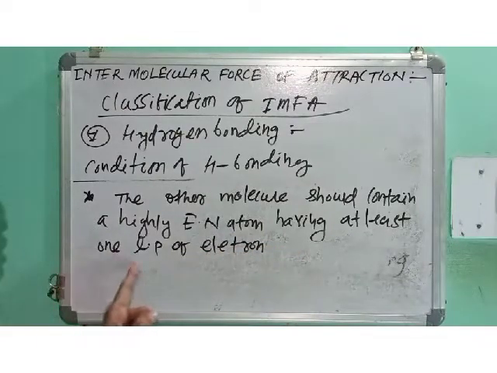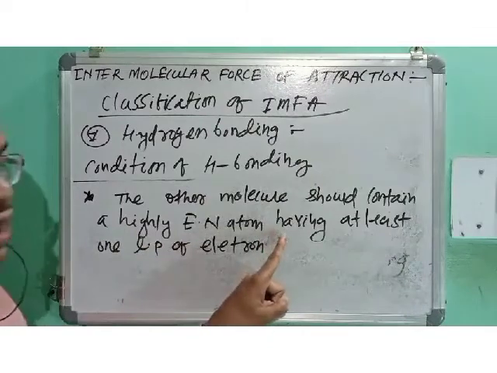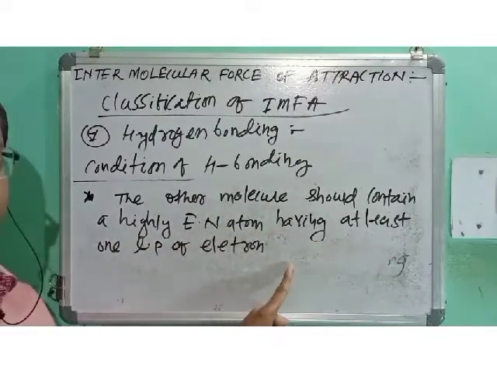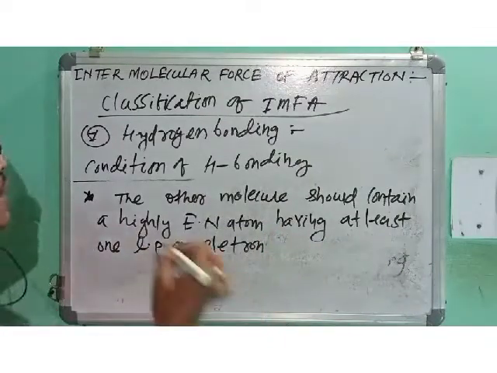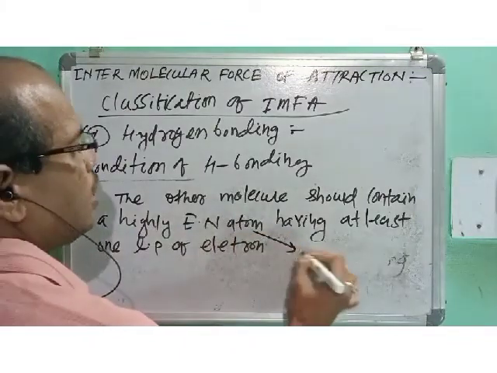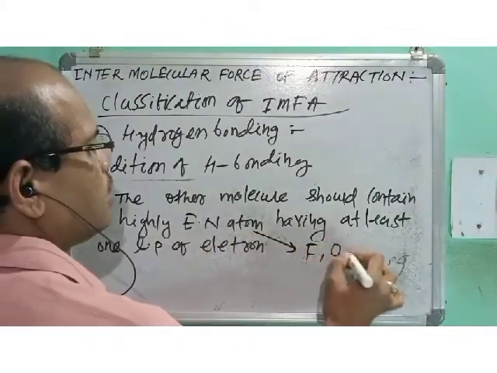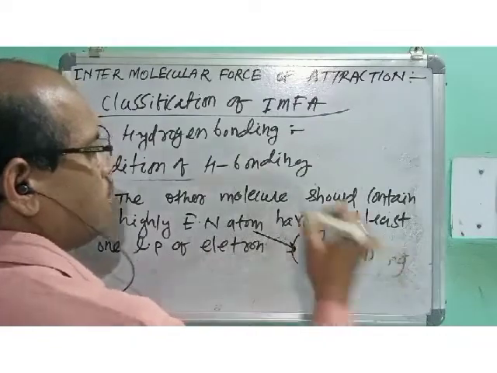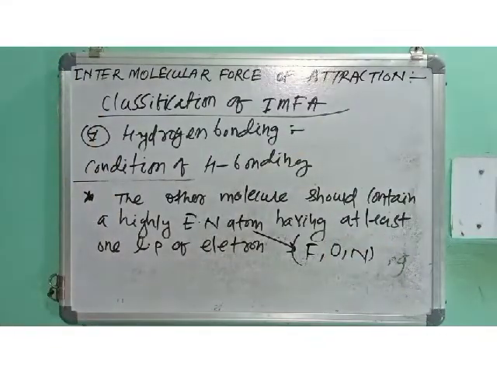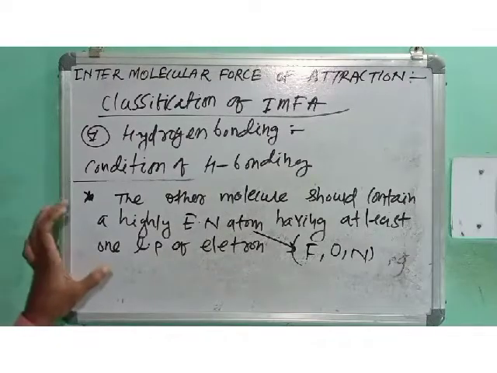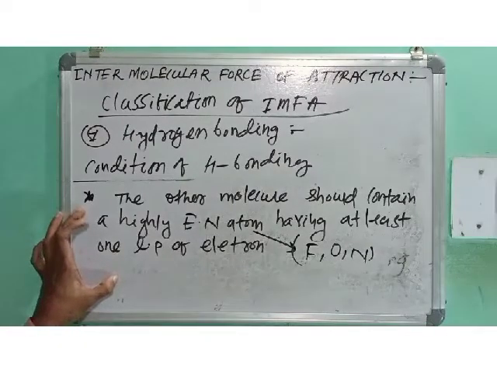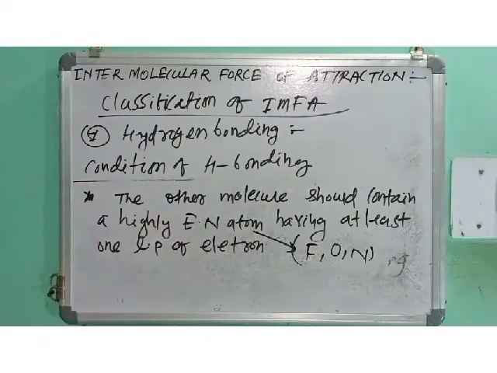The other molecule contains a highly electronegative atom having at least one lone pair of electrons, and such electronegative atoms should be mostly fluorine, oxygen, nitrogen. The most common electronegative atoms are fluorine, oxygen, nitrogen. So that means if these two conditions are satisfied, then hydrogen bonding will occur.